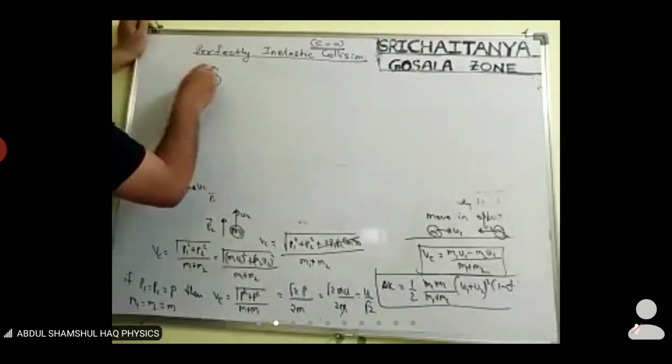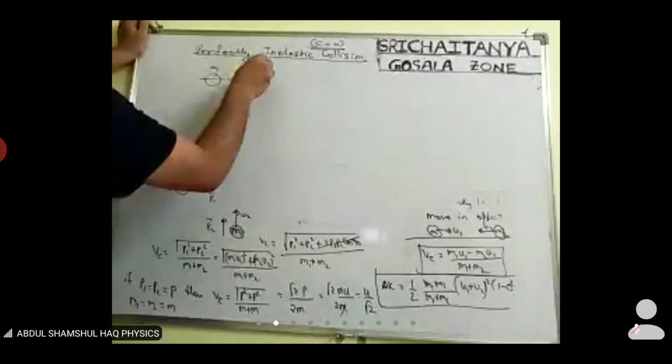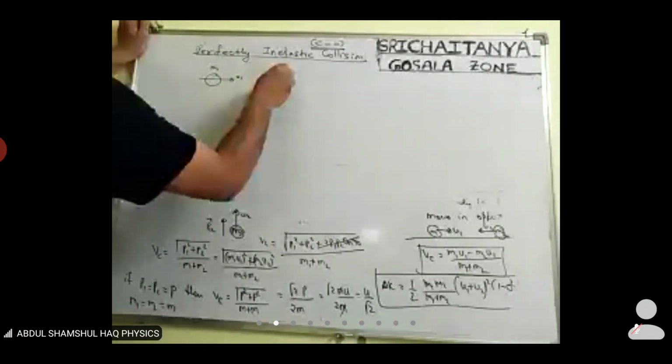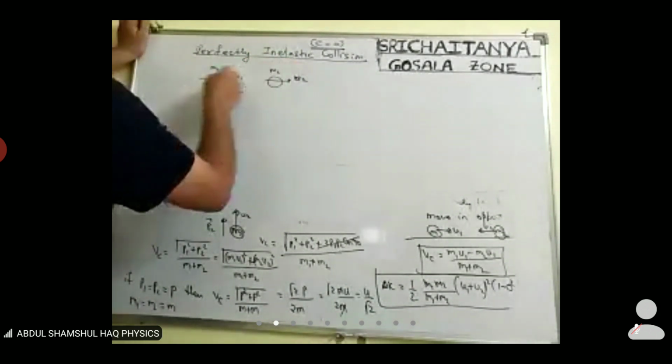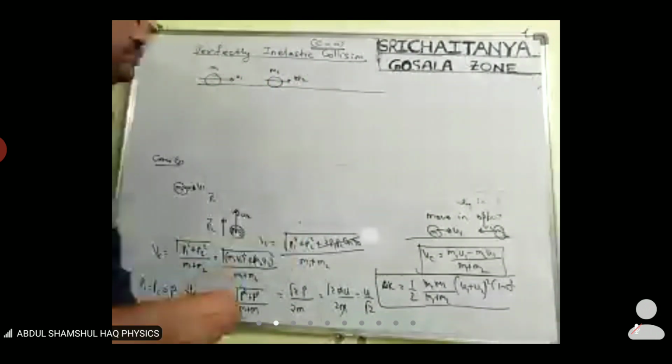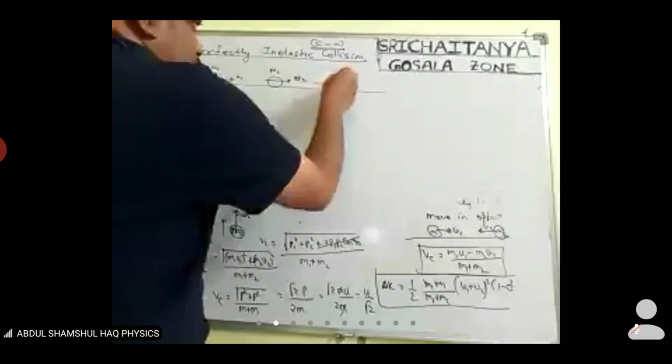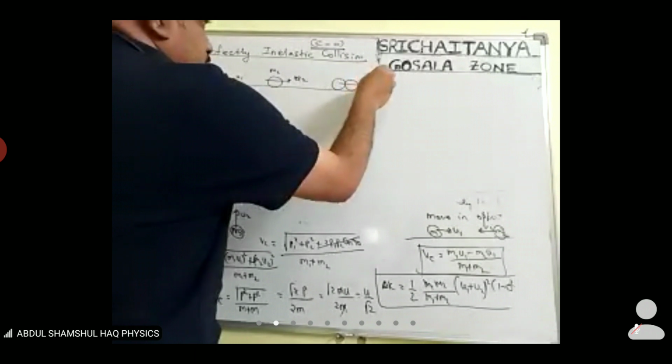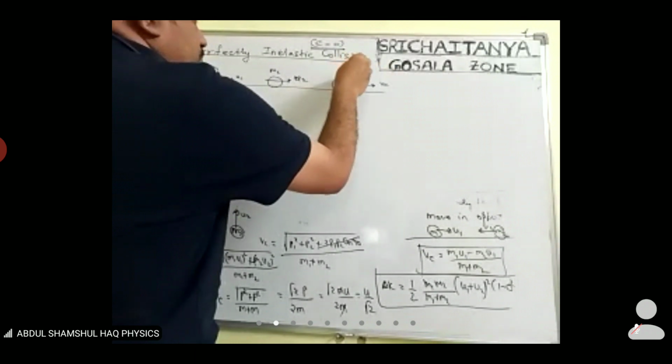This is the first body of mass m1 moving with velocity u1. This is the second body of mass m2 moving with the velocity u2. So the two bodies fling together, moving with the common velocity, with mass m1 plus m2.